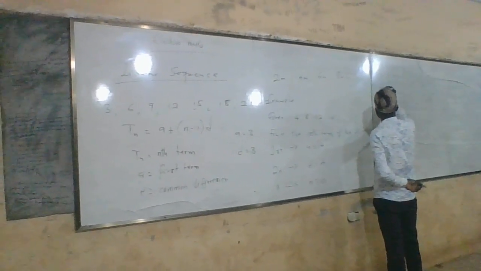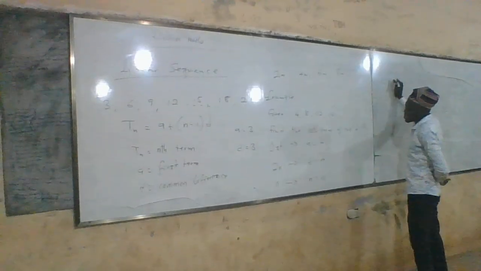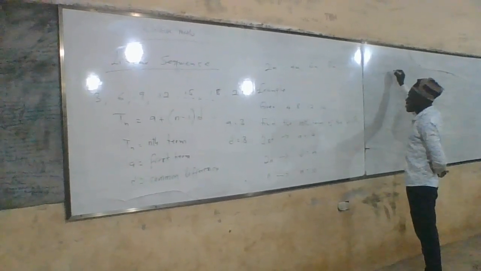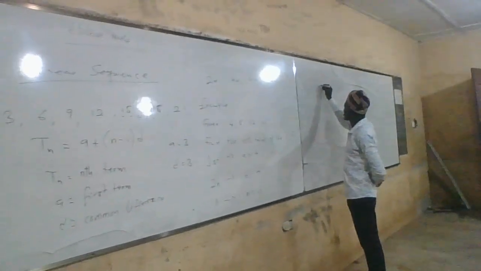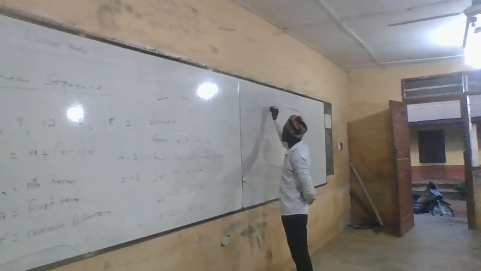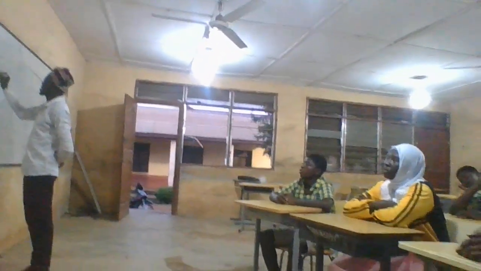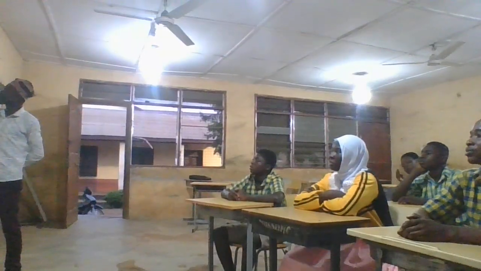C10 will be equal to a, and our value of a is what? 4, plus bracket open, we have n minus 1, right? And our value of n is 10, so (10 - 1) multiplied by 4. Good. So our 10th term will be equal to 4 plus 9 multiplied by 4.